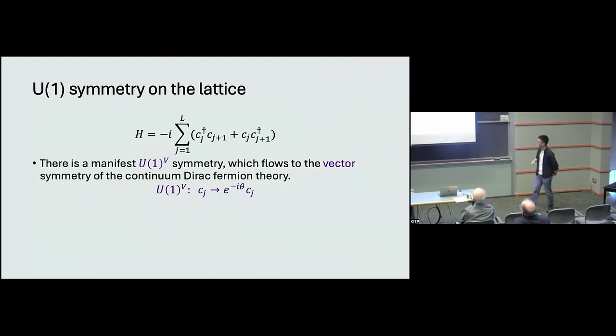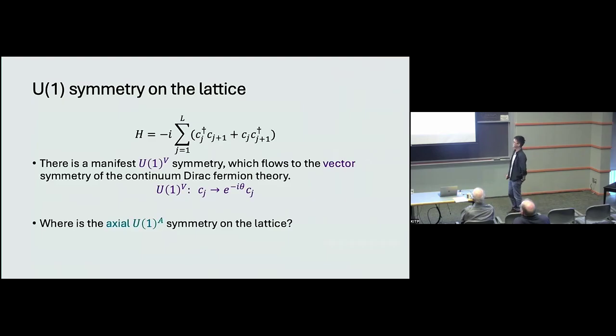So the central question we want to ask is, where's the axial U1 symmetry in this simple staggered fermion Hamiltonian model? Of course, the question could just be that the axial U1 is not there on the lattice. Right? Symmetries can emerge in the continuum every day. But is that really the case in this particular Hamiltonian?